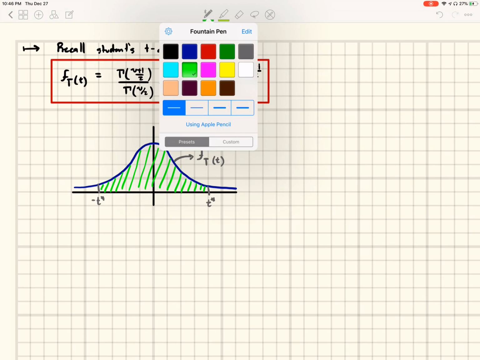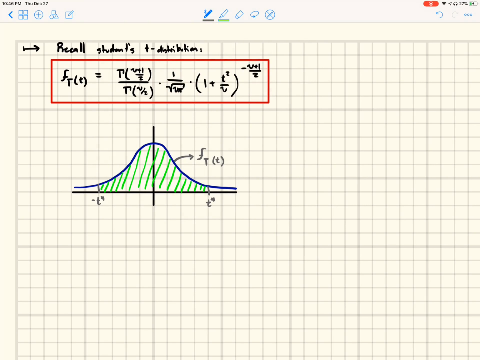This area we'll call A of t given v, where v, not n, are the degrees of freedom for our distribution, and v is equal to n minus 1.